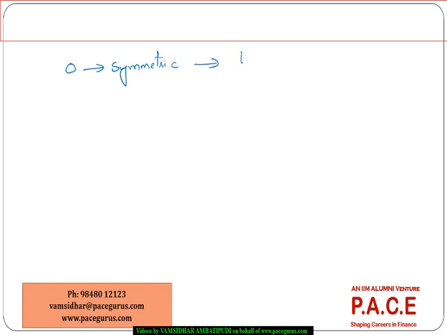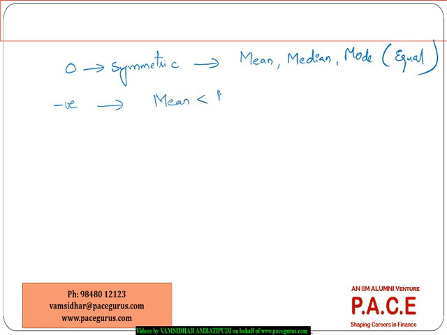And when it is symmetric, what we see is that the mean, the median, as well as the mode are more or less equal. They are very close to each other, with similar values. But if a distribution is negatively skewed, we find that the mean is less than the median, which would be less than the mode.